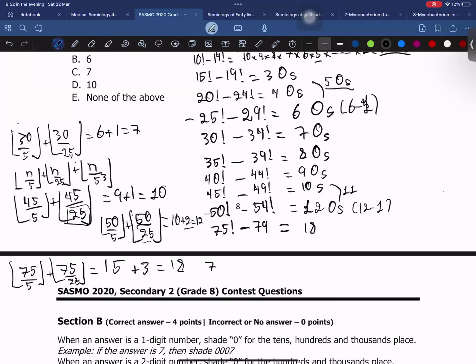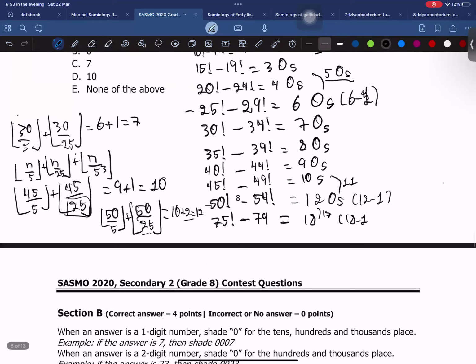Okay, to make sure, we divide 74 factorial: 74 over 5 is 14, plus 74 over 25 is 2, so it's 16. So this is 16, and the lost digit is 17, which means we can do 18 minus 1.